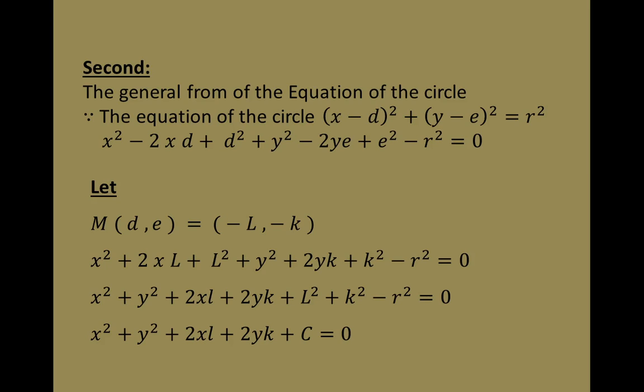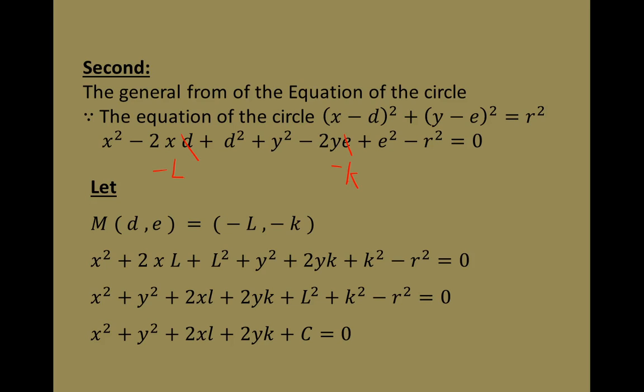Let M be the center, with d and e equal to negative L and negative K. Then x squared plus 2xL, I'll substitute instead of d by negative L. Instead of d, I write negative L. Also, instead of e, I write negative K. Then x squared plus 2xL, take care, negative 2x multiplied by negative L is positive 2xL, plus d squared is negative L squared, which equals L power 2.